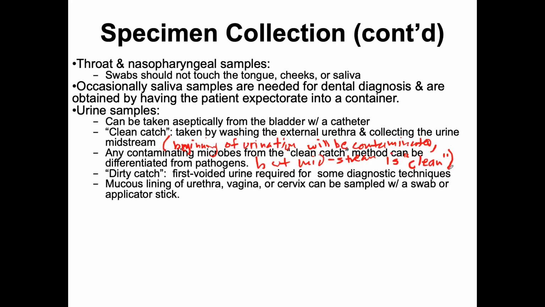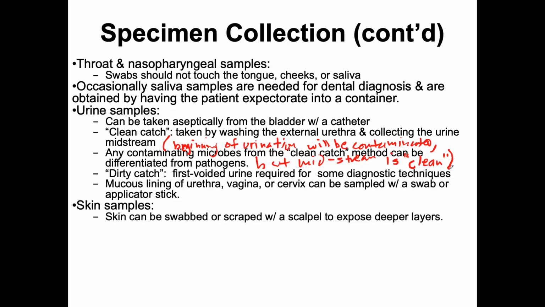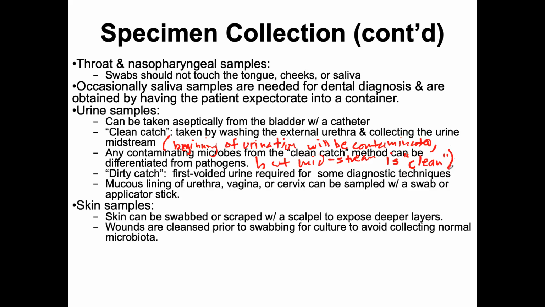The mucus lining of the urethra, vagina, or cervix can be sampled with a swab or an applicator. For skin samples, skin can be swabbed or scraped with a scalpel to get to the deeper layers. And wounds are cleaned before swabbing for culture to avoid collecting normal bacteria in the area.